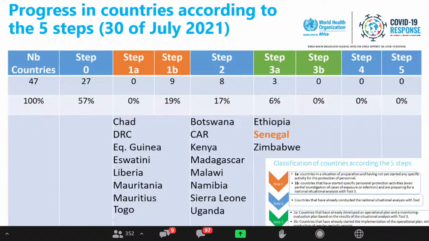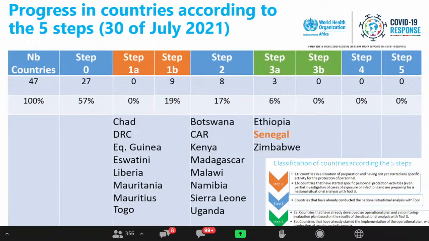It's really challenging to get information from countries, especially for health workers infection, which is a very sensitive topic. We have around 90% of countries in step 1, A and B, but sometimes it is difficult to classify.